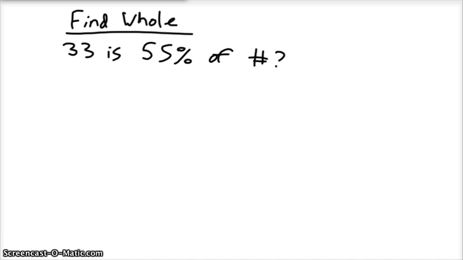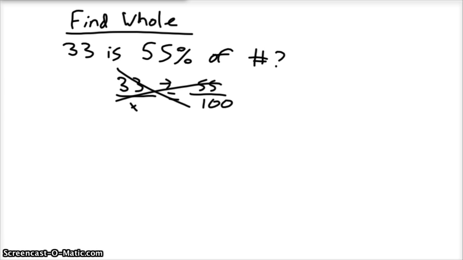So remember, with our proportion, it would look similar to this, where 33 is the same as 55 over 100. So we would be finding that. But we're not doing this. We're doing something different. When they're asking us to find the whole, of what number, we divide 33 divided by 55%.